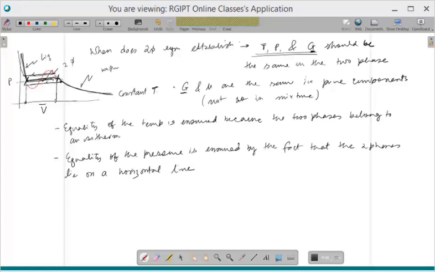So that ensures this, but we still do not know where that horizontal line appears.